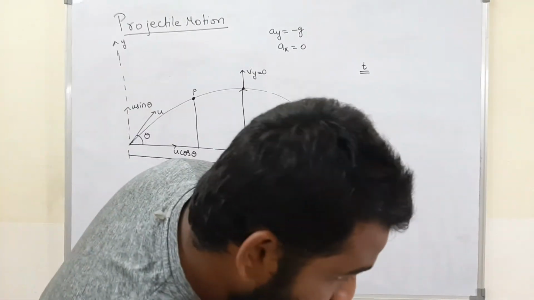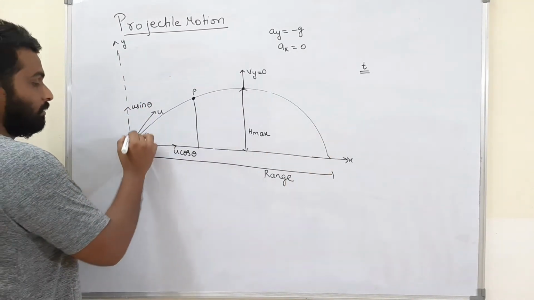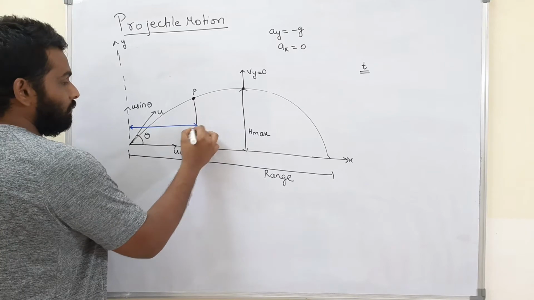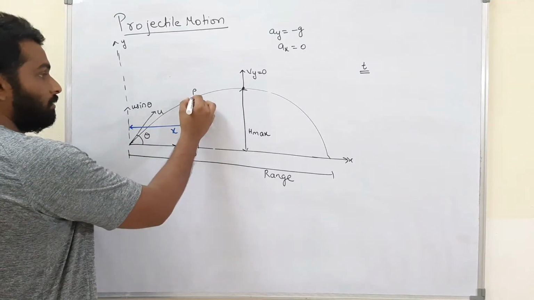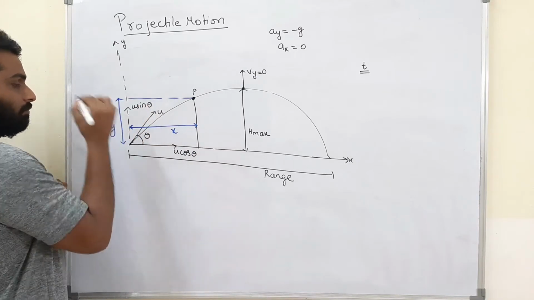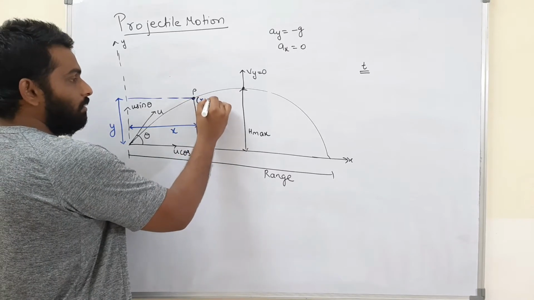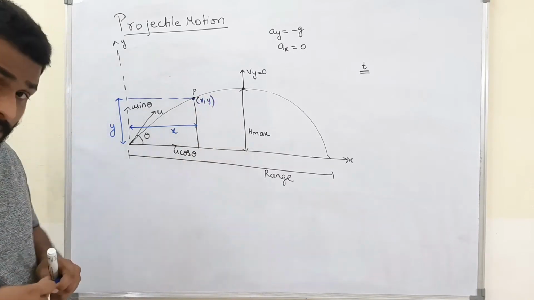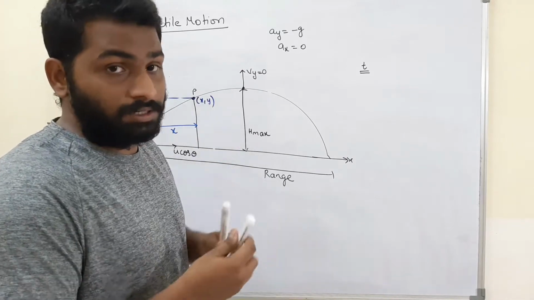Tell me, the distance on the x axis. It is x. On the y axis, what is the distance traveled by the body? This is y. Everyone will accept that the coordinates of this point are nothing but x comma y. Okay, well and good. Now I want to find these coordinates. I want to find the equation of the trajectory.